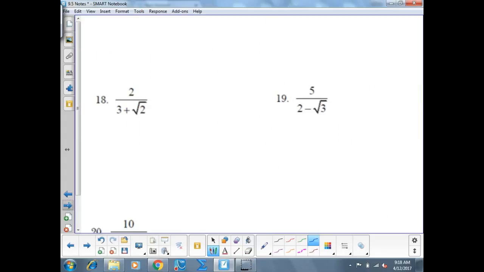Now, today we have one last style of problem that we need to talk about. And that is if you have a plus or a minus in your denominator. If you have an addition or a subtraction sign in your denominator, you have to think of conjugates. We talked a little bit yesterday about conjugates when we were doing some multiplication type warm-ups.